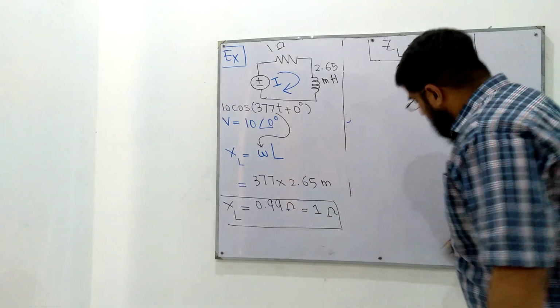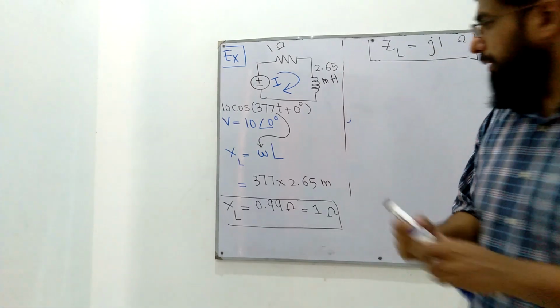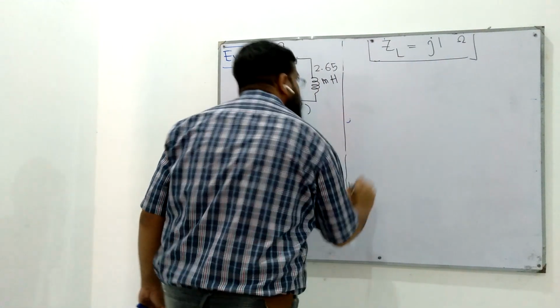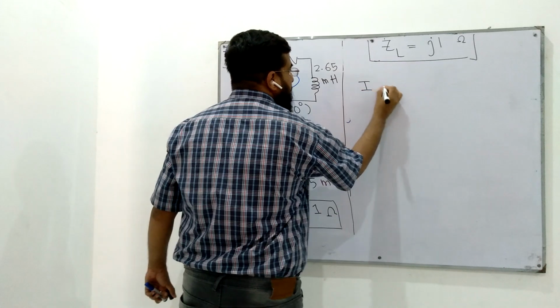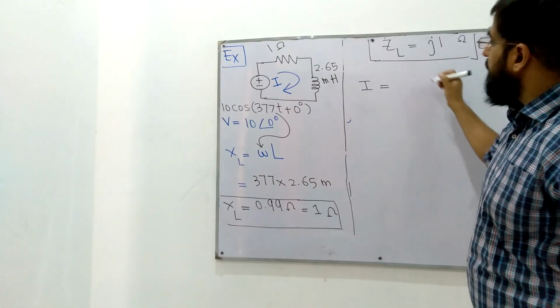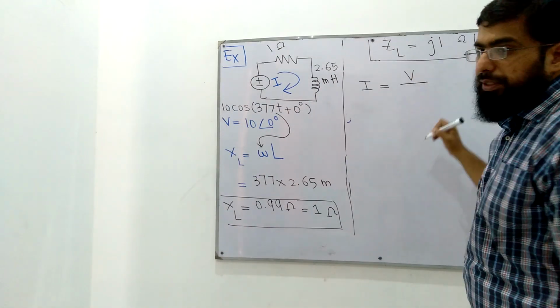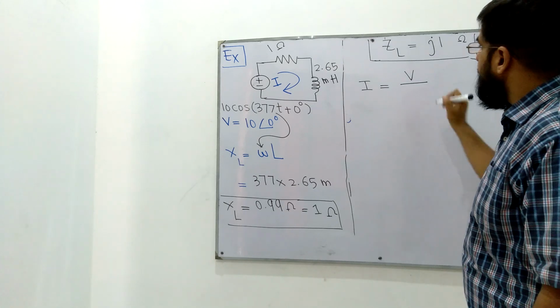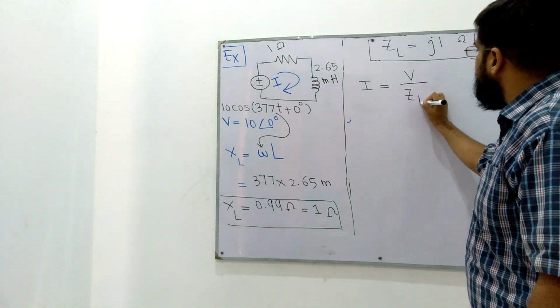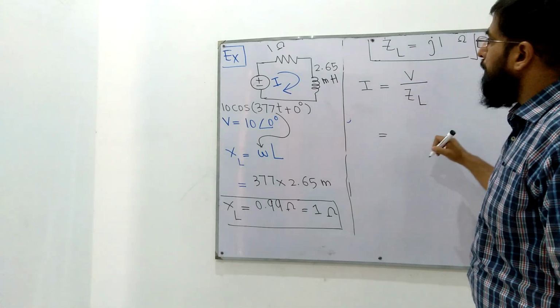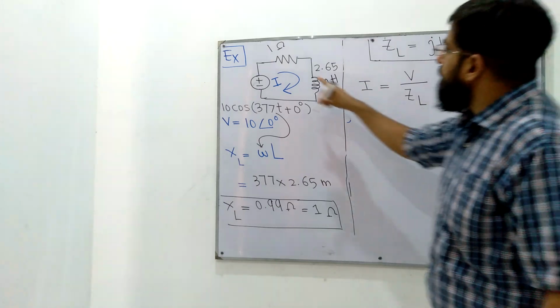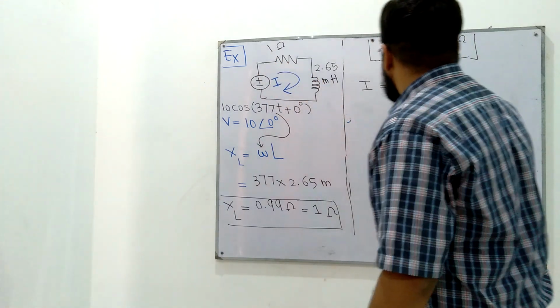So we are all set to find the current through this circuit, because current I is V divided by... Oh, it's not ZL alone, we have a 1 ohm resistor plus ZL.